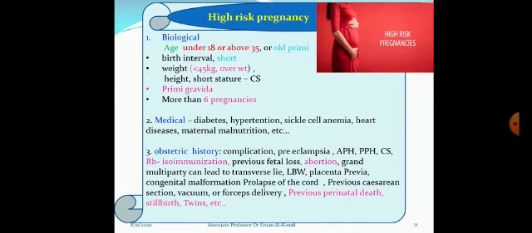If the mother has a previous history of complications, or high blood pressure or preeclampsia, antepartum hemorrhage or hemorrhage during pregnancy, or postpartum hemorrhage, the history of having hemorrhage after delivery, or a history of previous cesarean section, or Rh isoimmunization or Rh incompatibility, or previous fetal loss or fetal death or abortion. There are many complications during the obstetric period which make her at high risk of having complications.